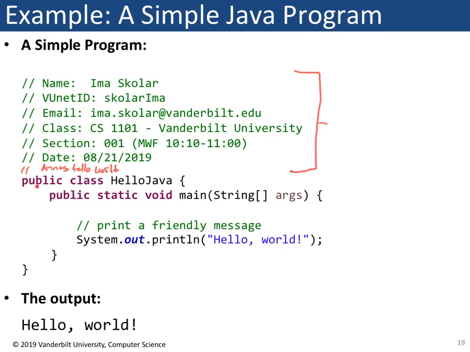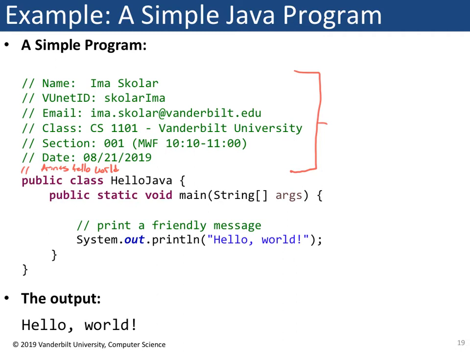So we have a public class, Hello Java, and we'll discuss what that means in more detail in a moment. And then every class in Java needs a main method. So this is the class, this is the method.